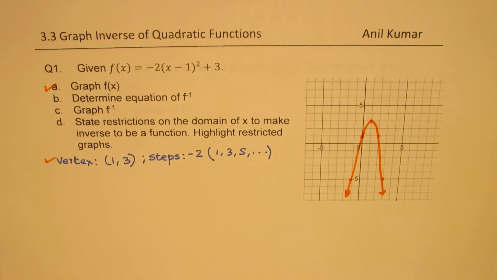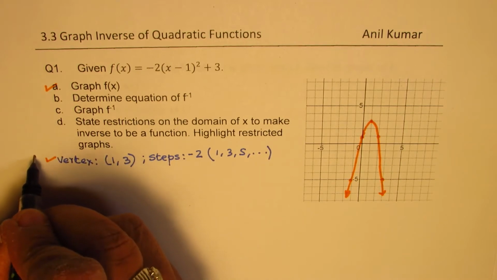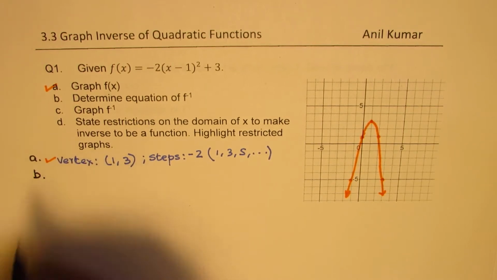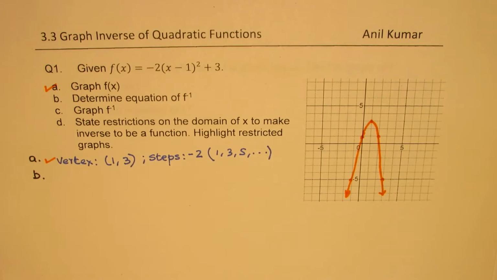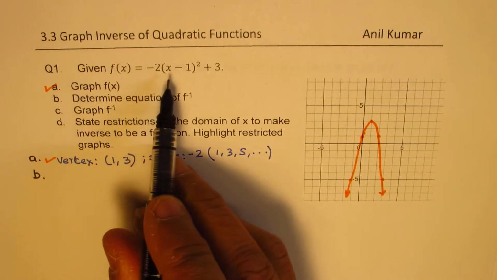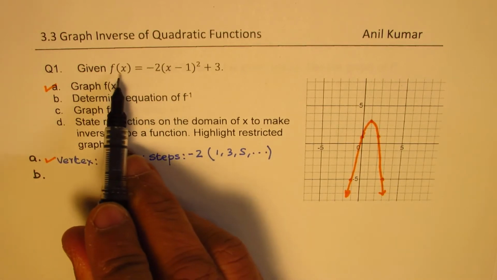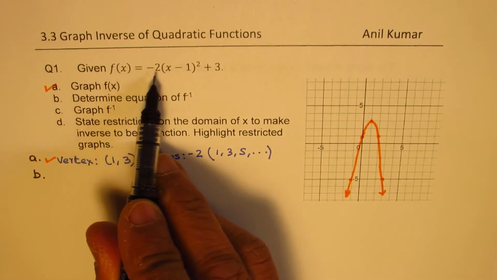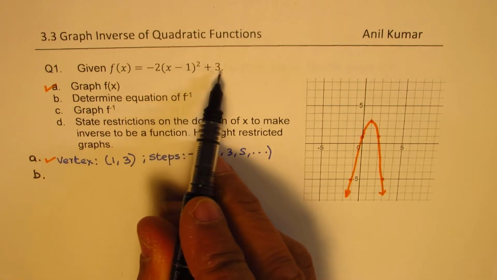Now the second part of this question is determine the equation of inverse of this function, right? So A is done, B. To find the inverse, as you know, we have to swap x and y values and then isolate y, right? So f of x equals minus 2 times x minus 1 whole square plus 3.